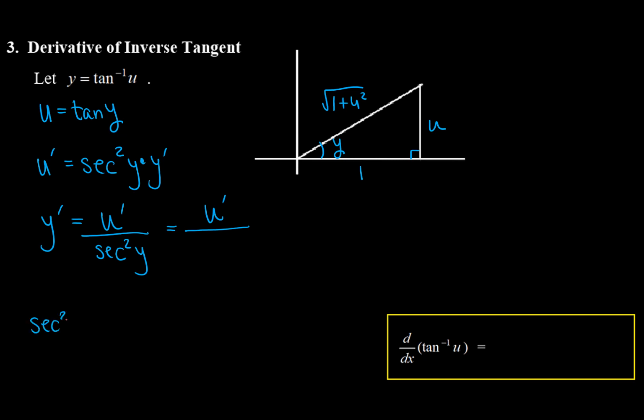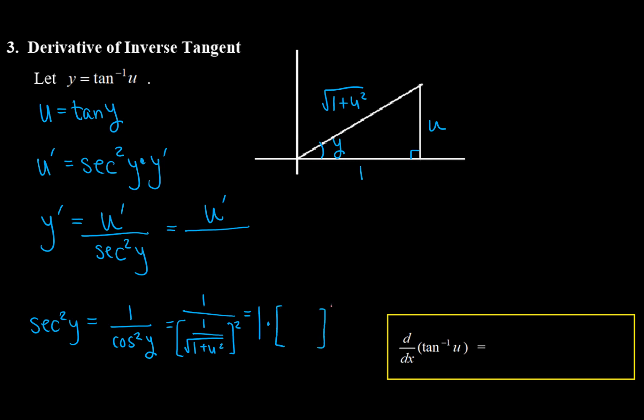So remember that the secant squared of y is the reciprocal of the cosine squared of y. The cosine is adjacent over hypotenuse, but it's squared. And when I divide by a fraction, I multiply by the reciprocal.